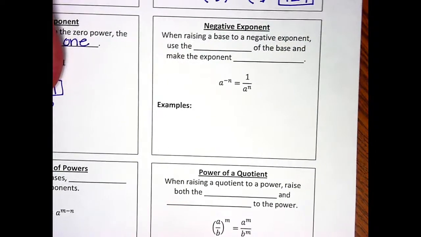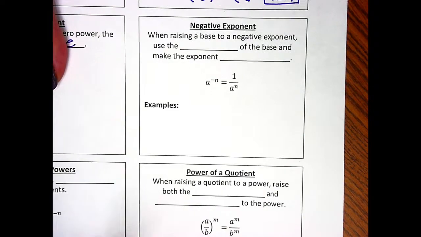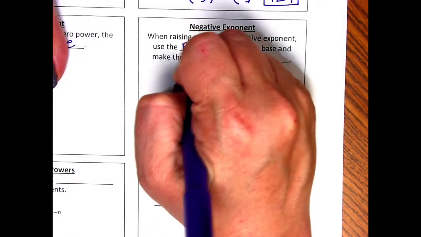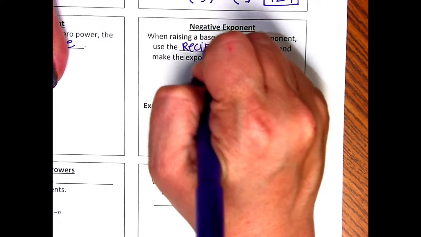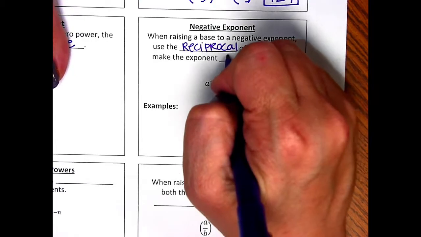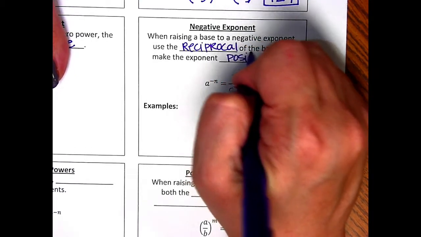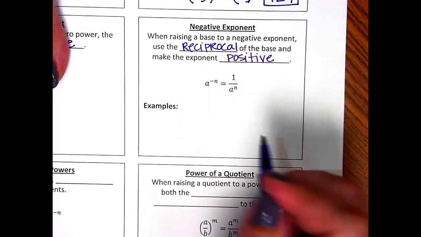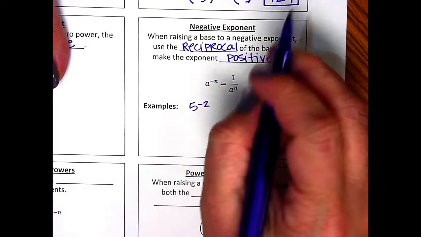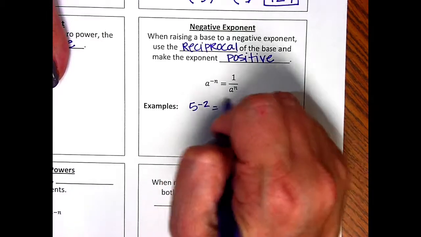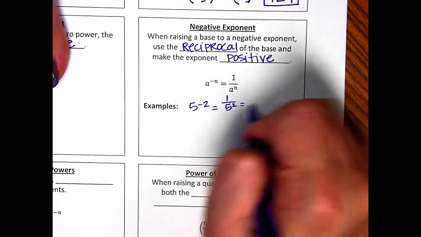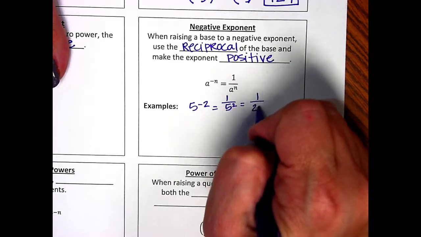The next one is negative exponent. So when raising a base to a negative exponent, use the reciprocal of the base and make the exponent positive. So if I have 5 to the negative 2nd, the reciprocal is 1 over 5 and then squared, and 5 squared is 25, so it's 1 over 25.